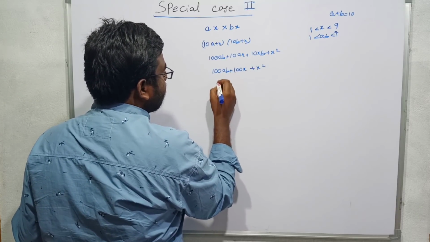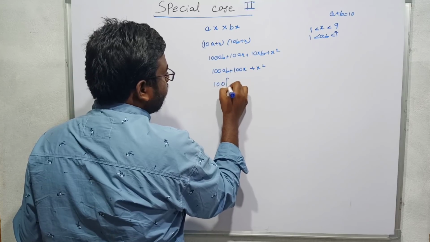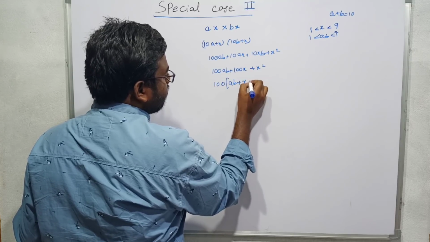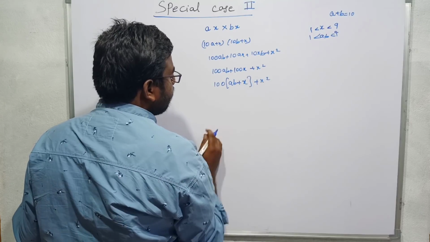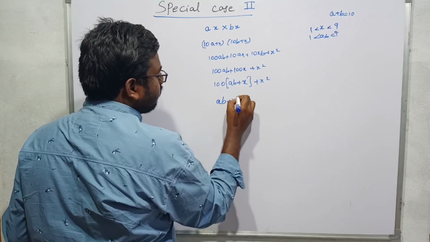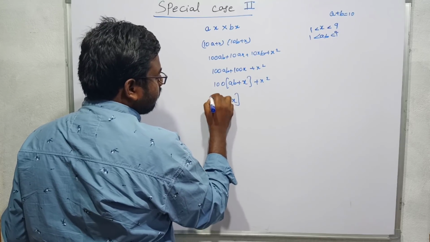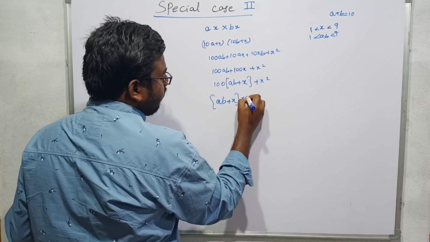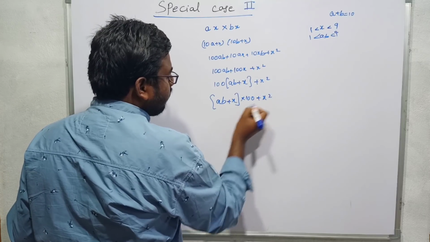This can be written as, if I take 100 common, ab plus x into 100 plus x square.